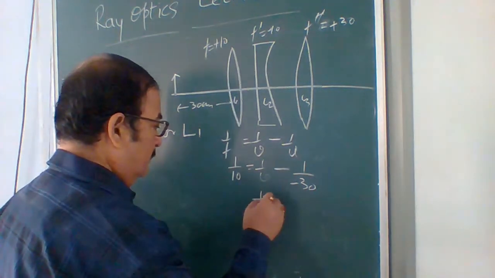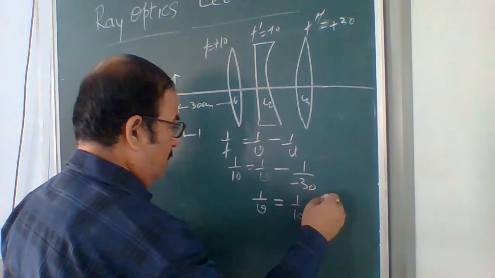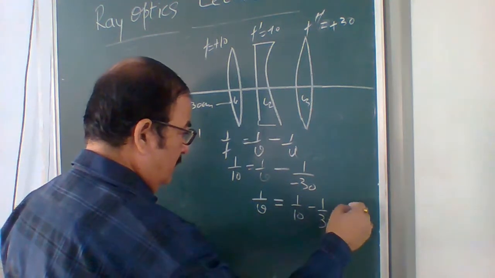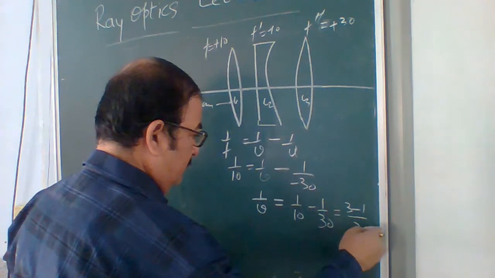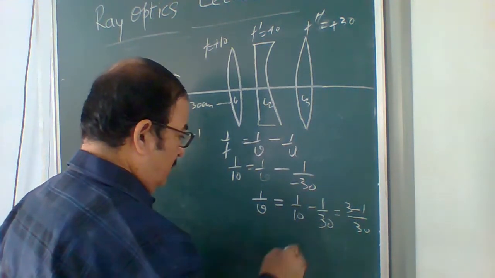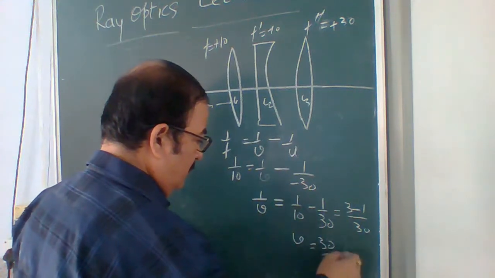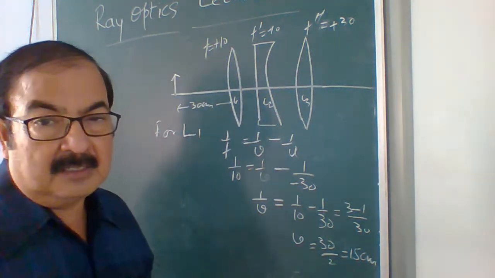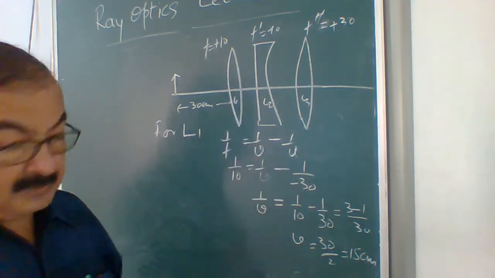Then 1 upon v comes out to be 1 upon 10 minus 1 upon 30. 30 is the LCM, so 3 minus 1 upon 30. v comes out to be 30 by 2, that is 15 centimeters. This comes out to be positive, and therefore it is at 15 centimeters.